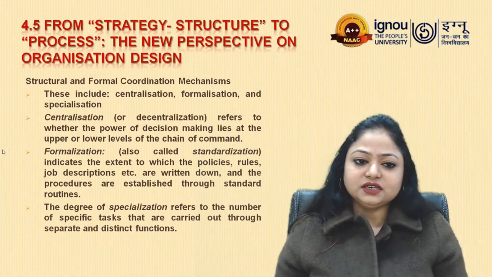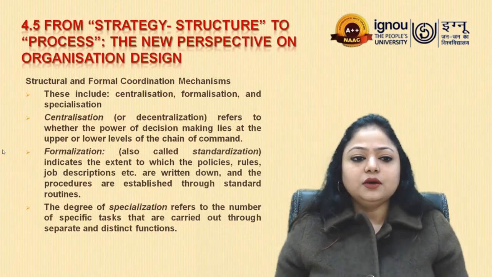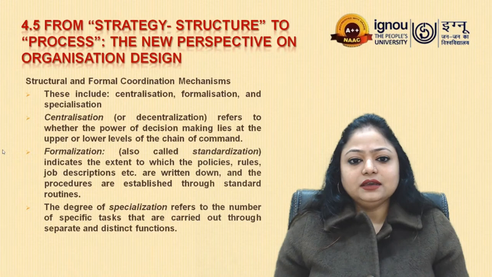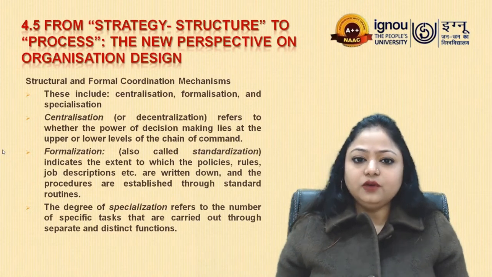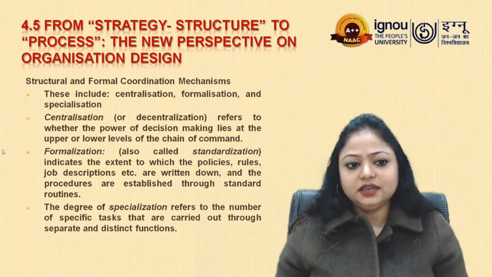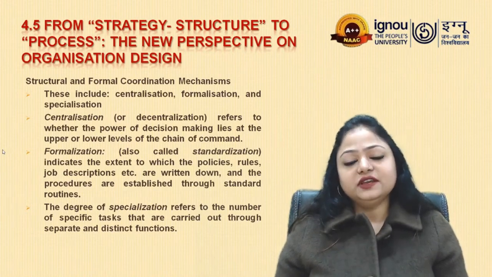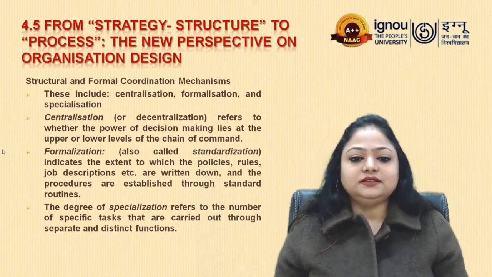What is centralization? We have discussed it in the past few slides as well. It refers to the power of decision making lying in few hands at the upper or lower level of the chain of command. Then formalization, which is also known as standardization, indicates the extent to which policies, rules, job descriptions, etc. are written down.